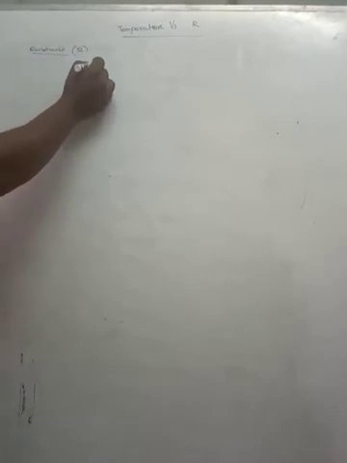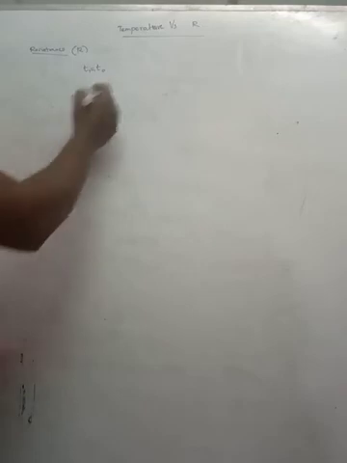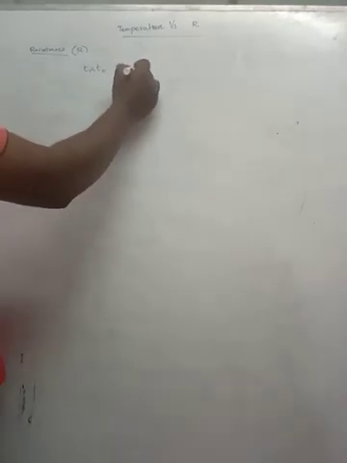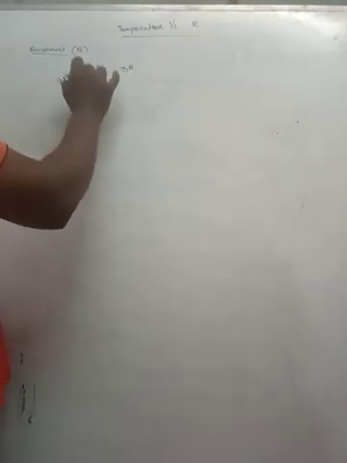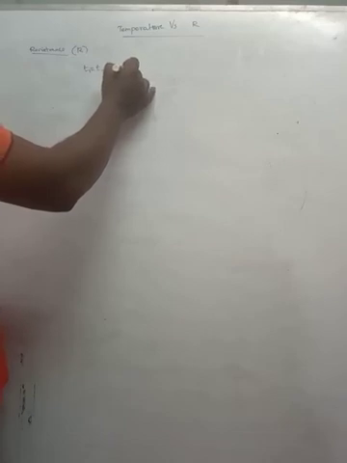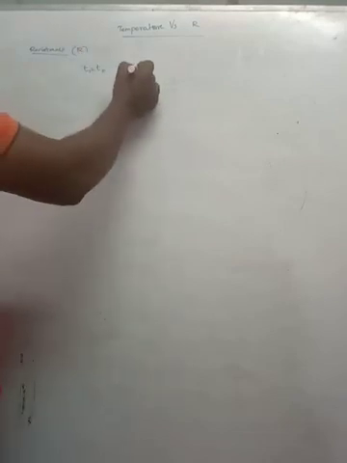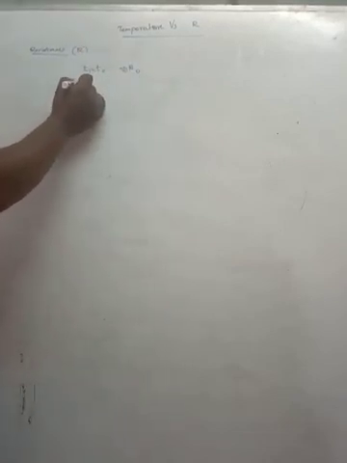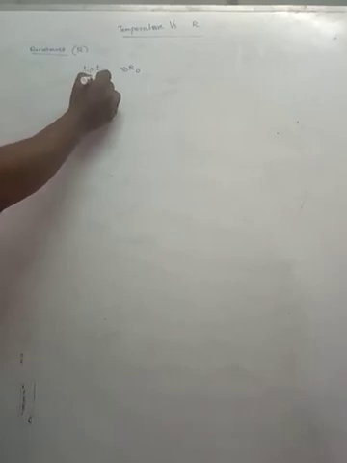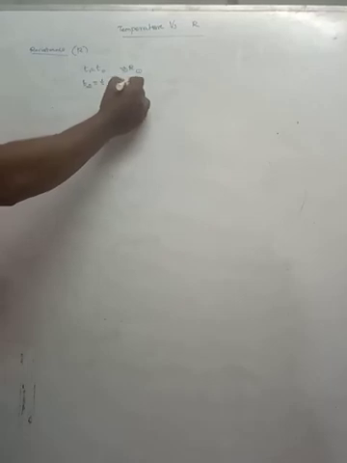Let me take T1 equal to T0, that is nothing but a reference. At that temperature, the resistance will be taken as R naught. When the temperature T2 increases, that means T2 becomes T, the resistance will be taken as R.